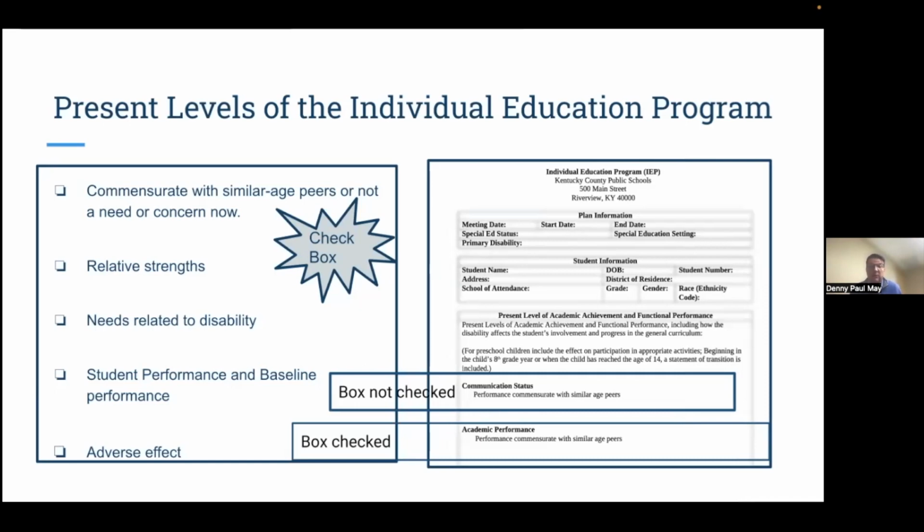Again, going back to what Teresa told us, don't put anything in there that you don't have support for. We need to document that and understand that when we raise a need or concern, we have to address it either with a service or a supplementary aid and service. Either specially designed instruction or supplementary aids and services are going to do that for us.